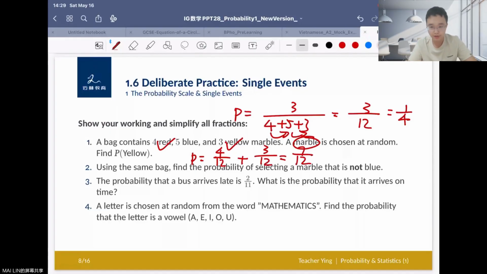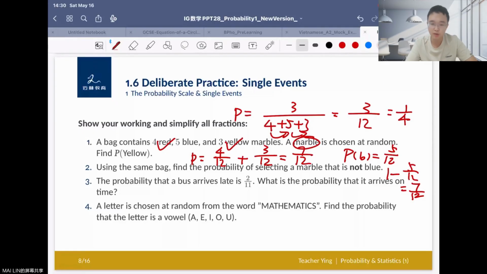Also, you can first write down the probability of drawing a blue marble, P of blue, which is 5/12, and then use the total probability minus the exclusive event. That is 1 minus 5/12, which is 7/12. That is the second problem.